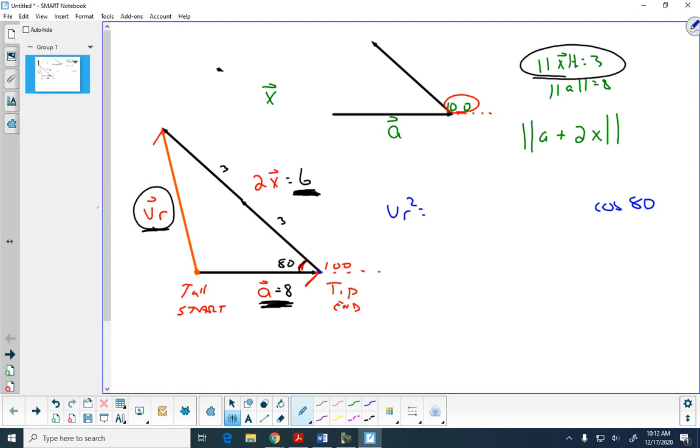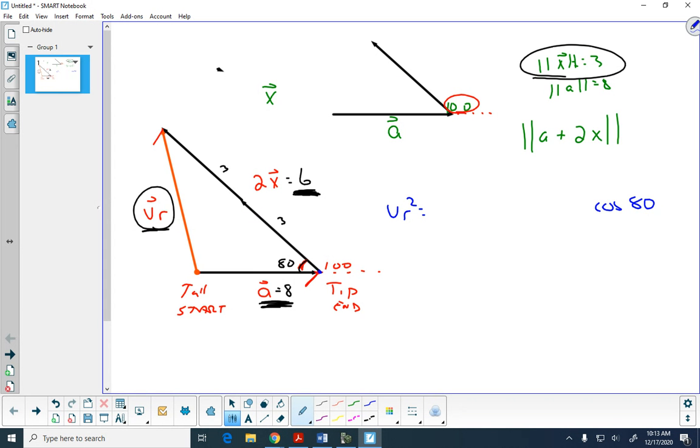Write your law of cosines equation and solve for VR. VR squared is equal to, and you can use A squared plus x squared or 2x squared, does not matter, minus 2 times A times x times cosine of 80.